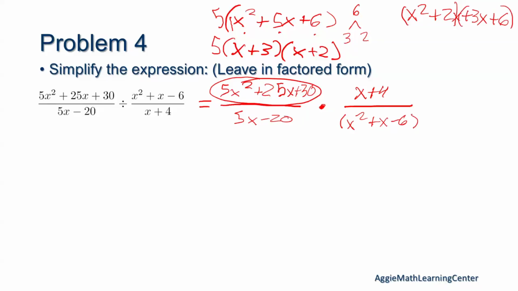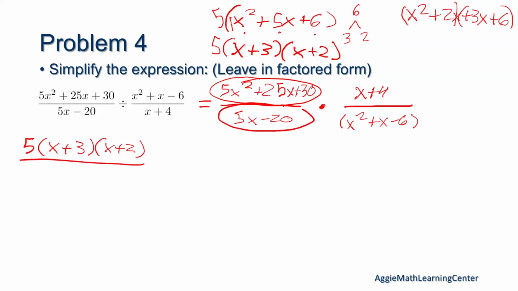So now the top looks like this. And now I'm going to factor this bottom part. This one, I can also pull a 5 out. Multiplying, you can put them all in the top together.